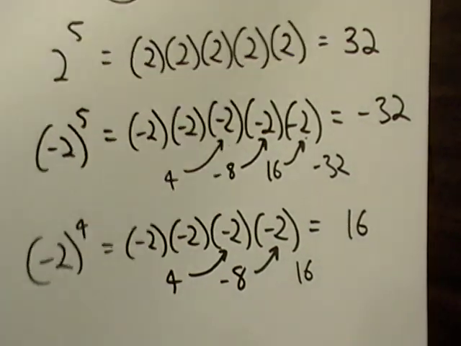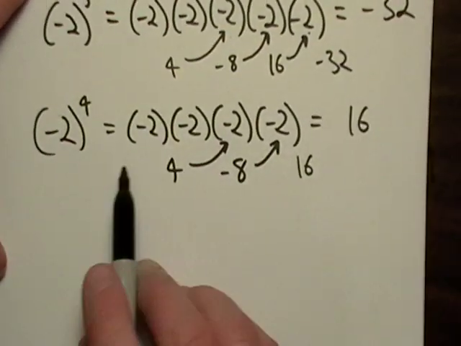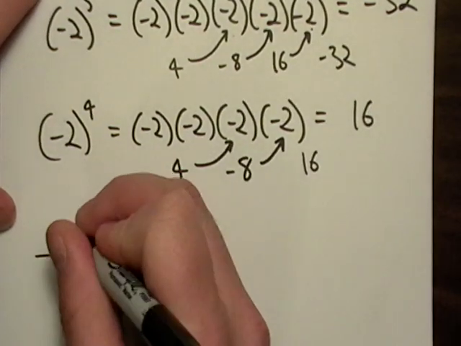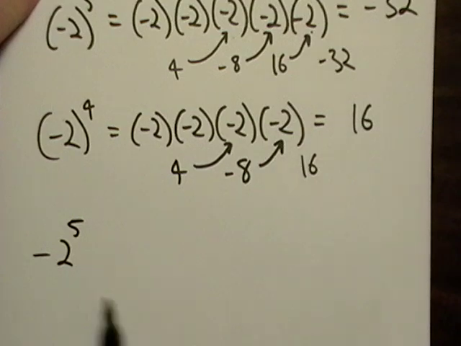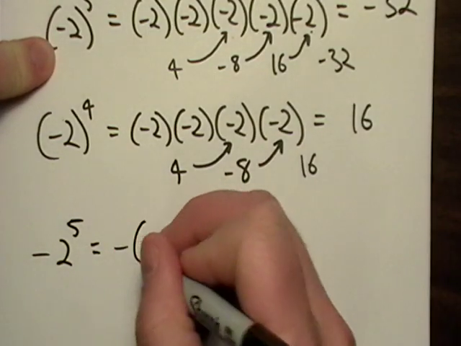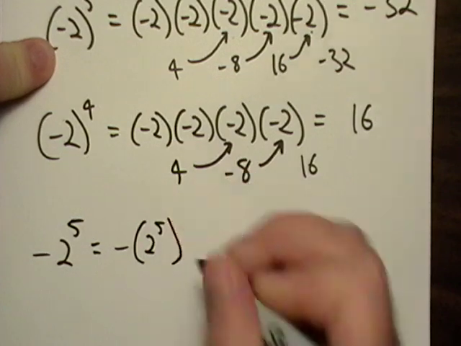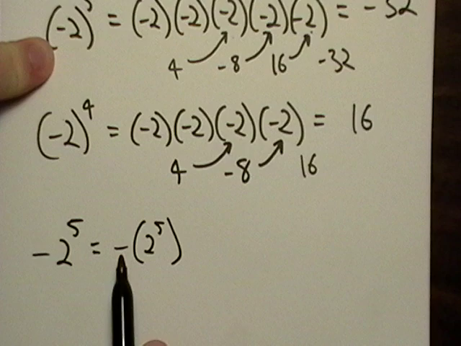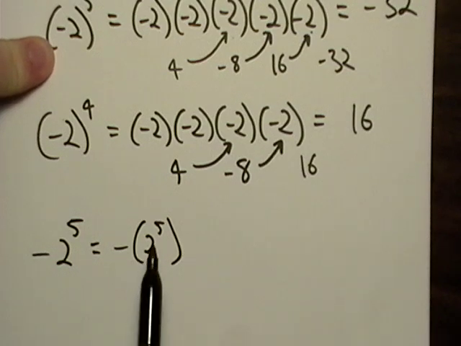The thing that you can get confused about is, let me take negative 2. If I write it like this, that implies a completely different operation. That implies that the negative sign be applied to 2 to the 5th power.